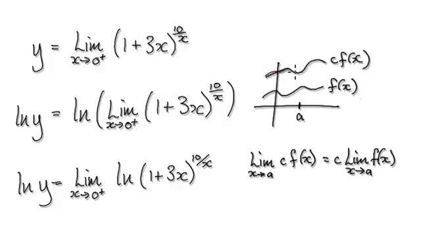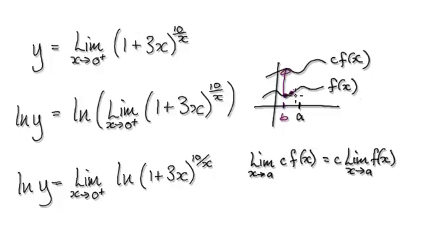Suppose you're trying to find the limit of a constant times a function. So here, let's say you've got a function f of x, and then here you've got a constant times a function. So if you're at b here, f of b would be here. When you times c, it would jump to here.